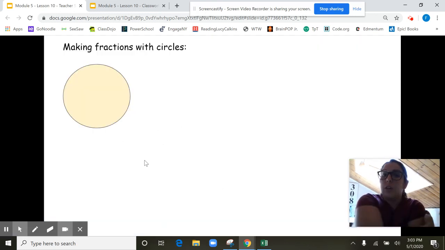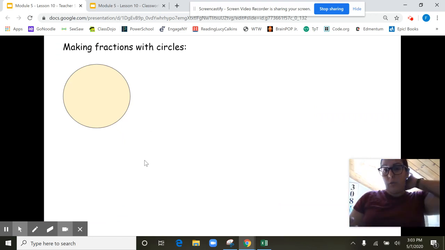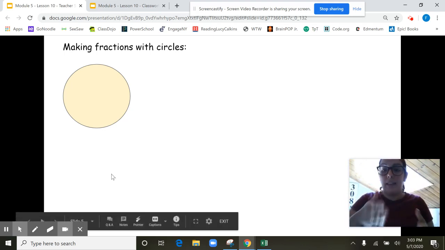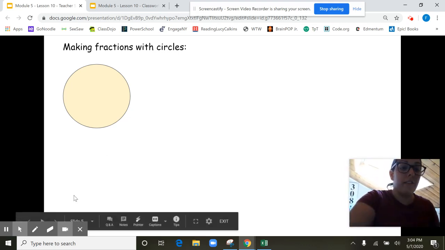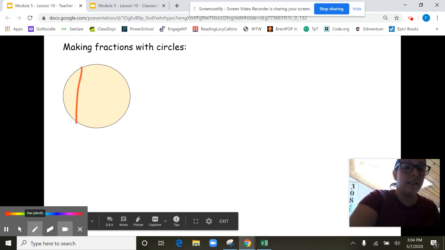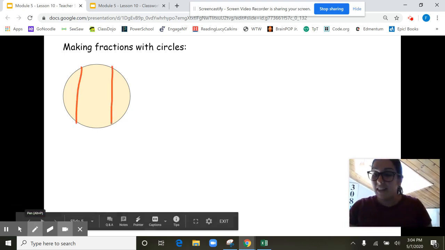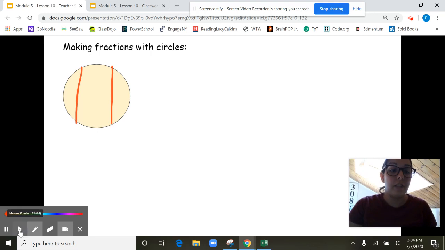All right. So when we're making fractions with circles, it's really important that I always visualize it as a pizza. I have to cut my pizza up into triangles, because I would never cut my pizza like this, because that's not even. And we need to make sure that we are evenly distributing our pieces.